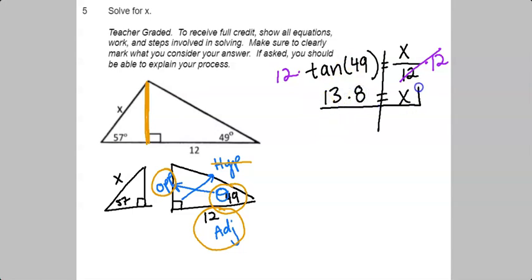This is going to be needed for us to solve for our actual X. I know we use an X here, but X represented our opposite side. So that means if our opposite is about 13.8, then on this triangle, this side is also 13.8.